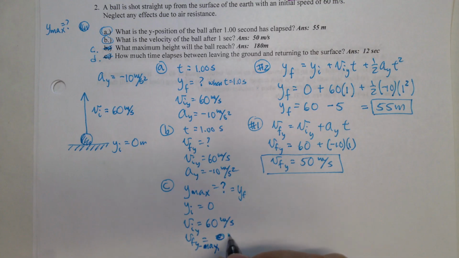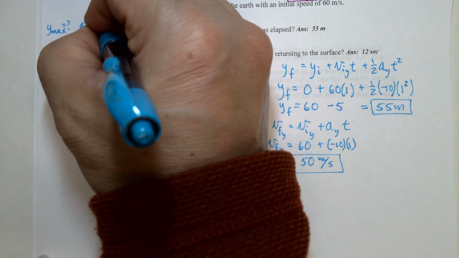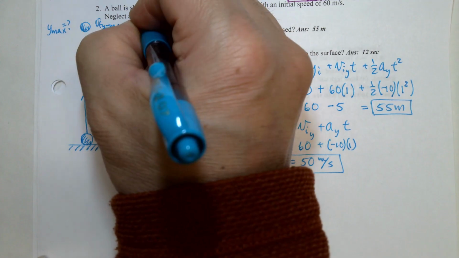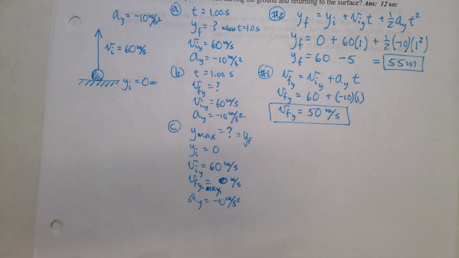Because at maximum height, my VFY max is 0 meters per second. And we also know my a sub y is equal to negative 10 meters per second squared. So we know all these from our problem.